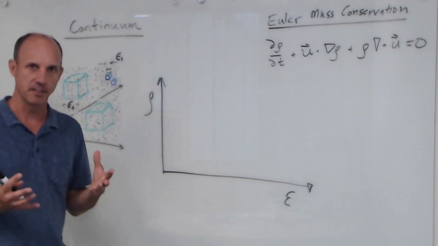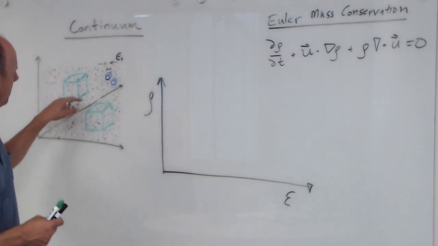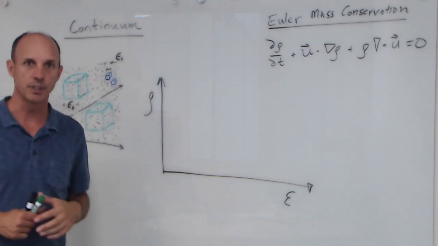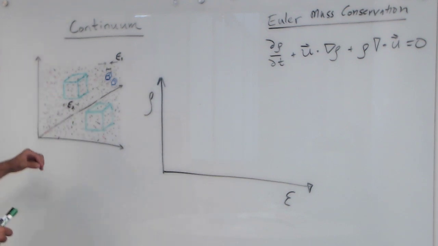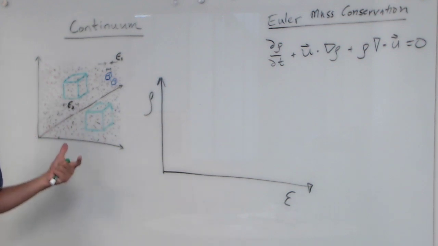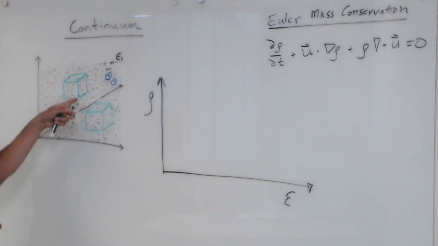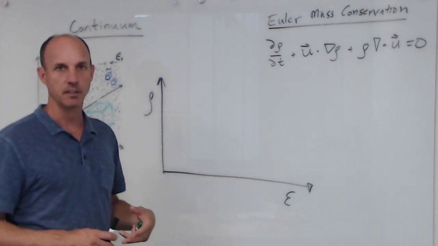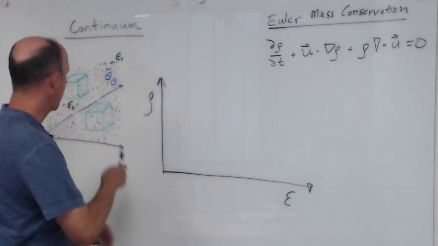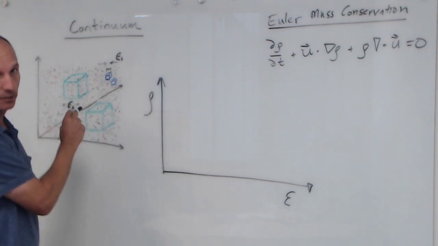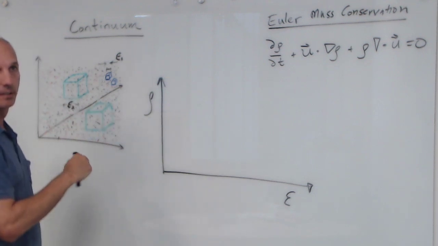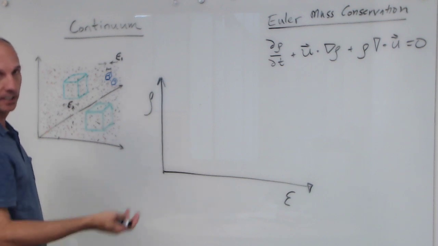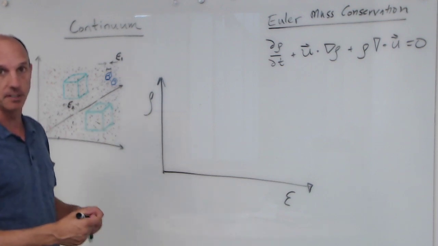So to understand the idea of a continuum, I want you to look at these two green cubes. So if I were to figure out or estimate the density of water vapor in those cubes, the side length for this one is epsilon 2. So if I wanted to figure out the density of particles in that cube, I could add up the number of particles inside the cube. I could multiply by the mass of each particle, and I could divide by the volume of the space, and that would give me the density. Okay?